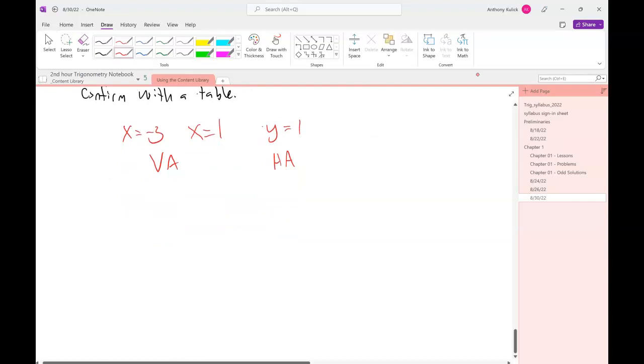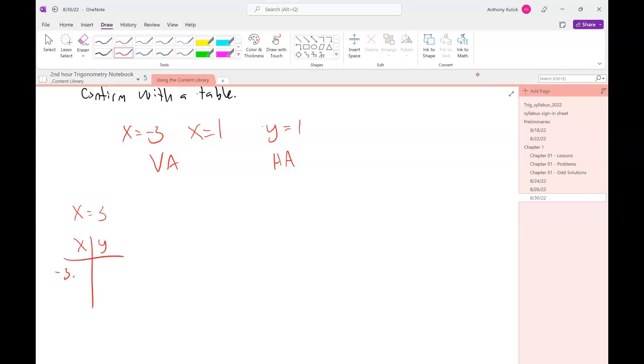So to check this, or to confirm with a table, what I'm going to do is check what's going on with my function as my x values are getting very close to -3 from before -3 and then after -3. So before -3, let's make it x, y.